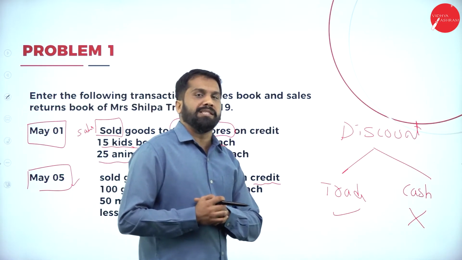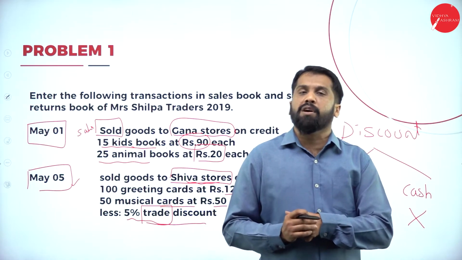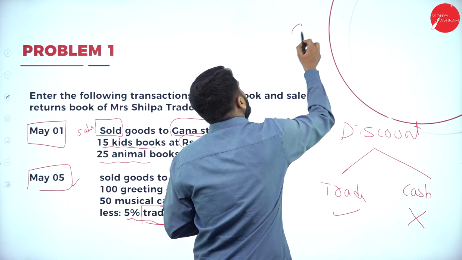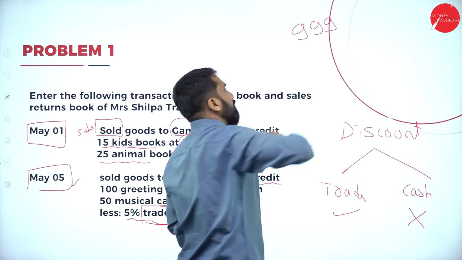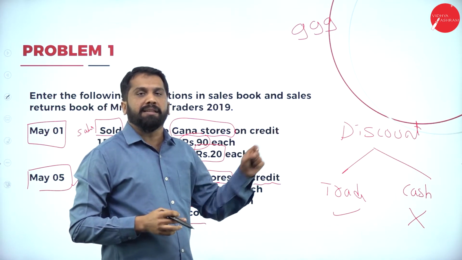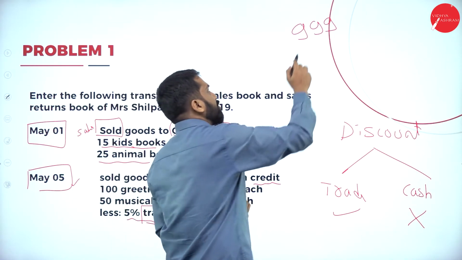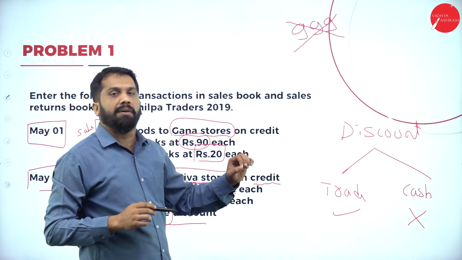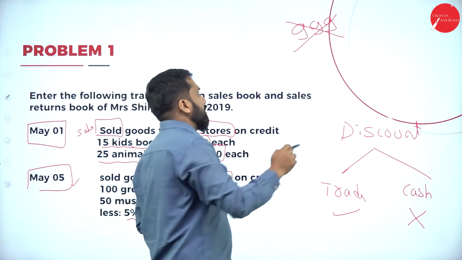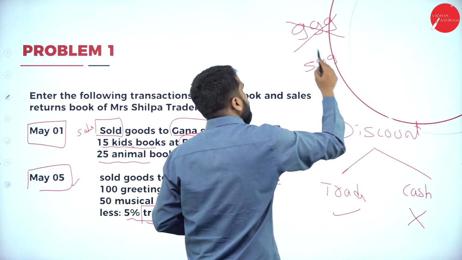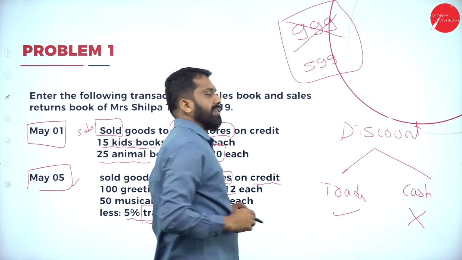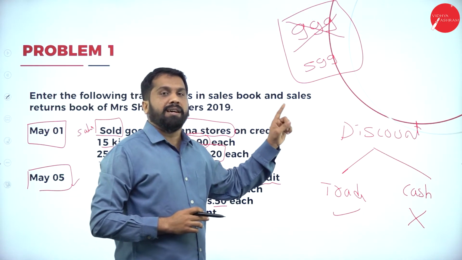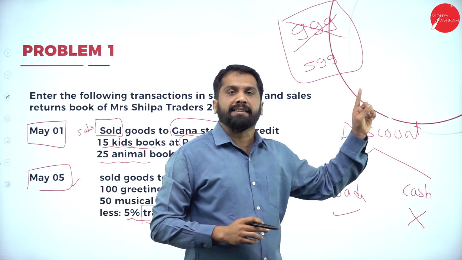Why? Because it is very simple. Trade discount means what? Like in the shop, they will tell you the price is 999. So they will show it like this, so it is easily visible that it is 999. Now below that they will write 599. So what does it mean? It is nothing but 1000 rupees worth we are getting for almost 600, like 599.